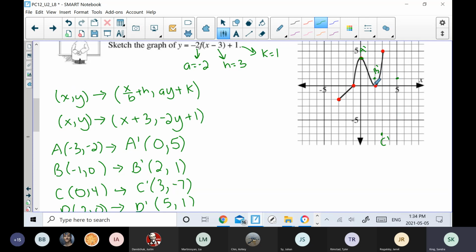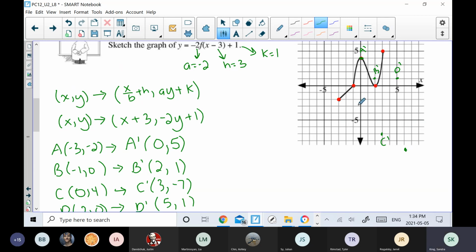So I'm going to try to draw this as a parabola. And then, so that's D prime. And then this point was E, and E prime is at 6, -9. So 6, -9, right here.